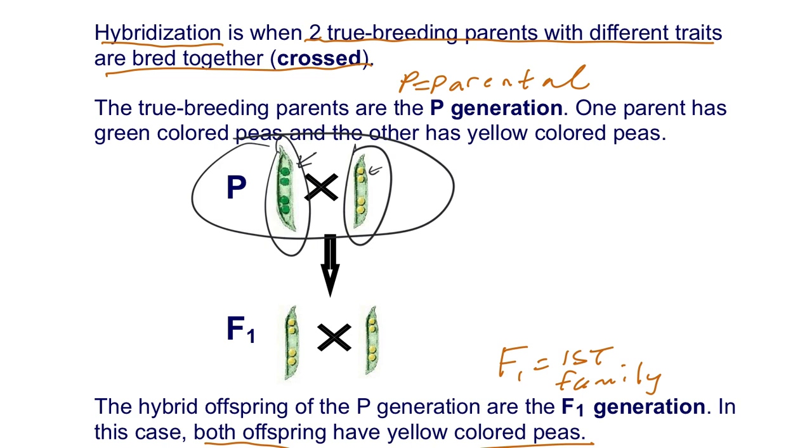And then he's seeing what the offspring look like. Offspring would be what the children turned out to be. In this cross, by the way, that's called the first filial generation. Just think of it as first family, like the kids.